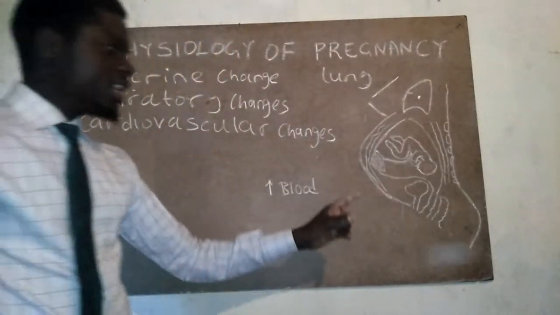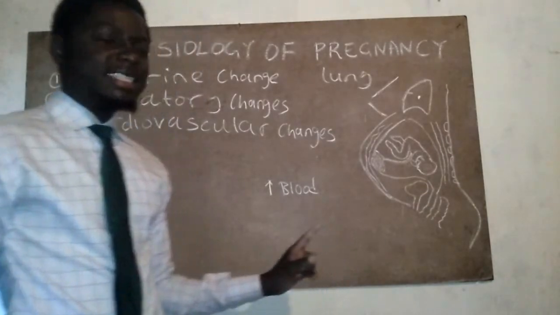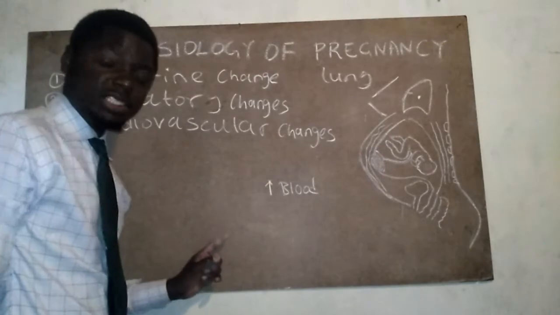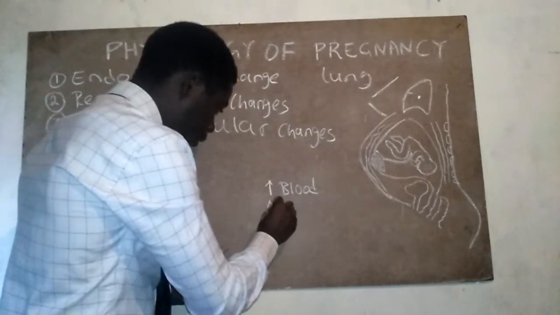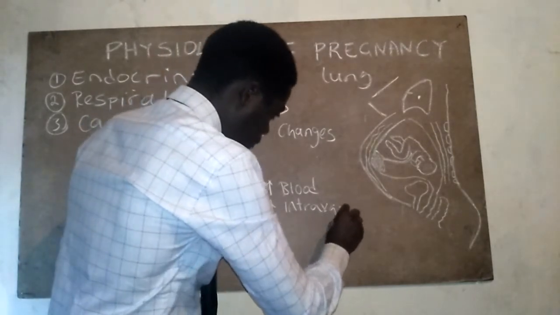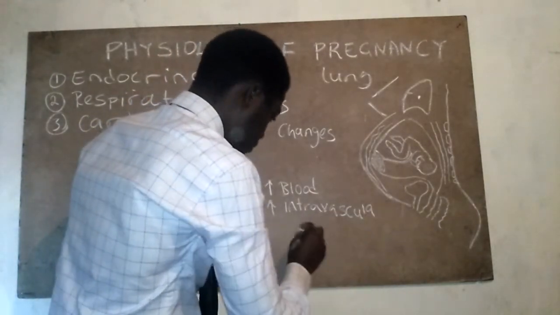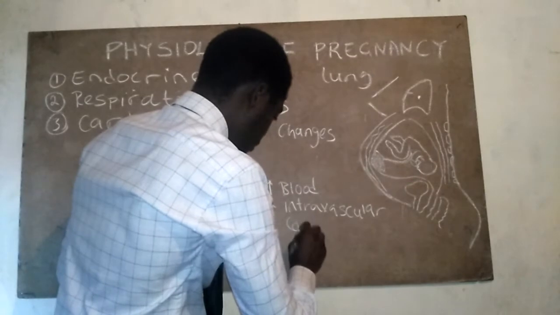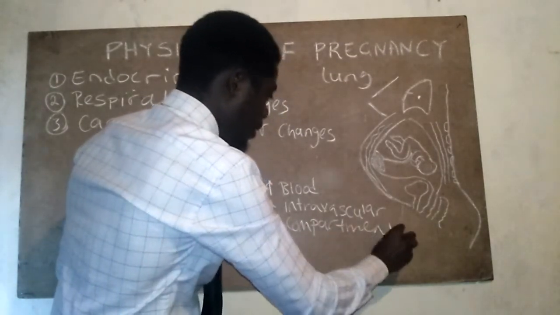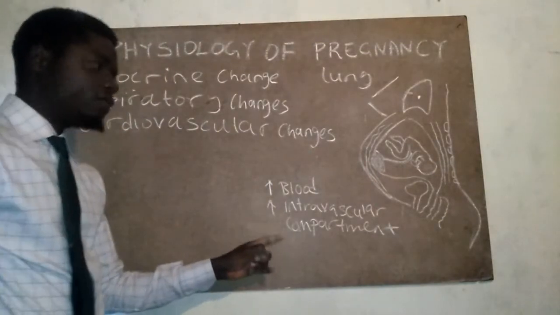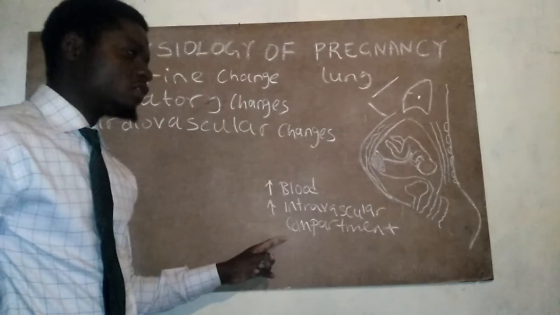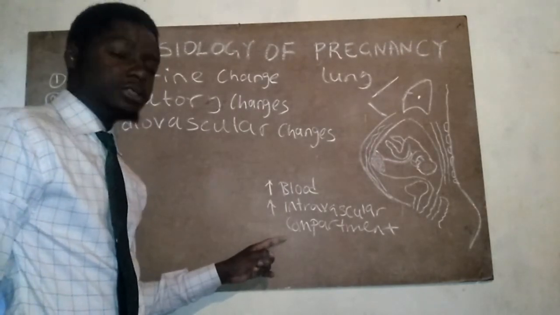The red blood cell number is going to increase, and as a result, there's going to be an increase in the intravascular compartment. And what happens when we have the increase in the intravascular compartment is that we are going to have a large amount of blood going to the heart.